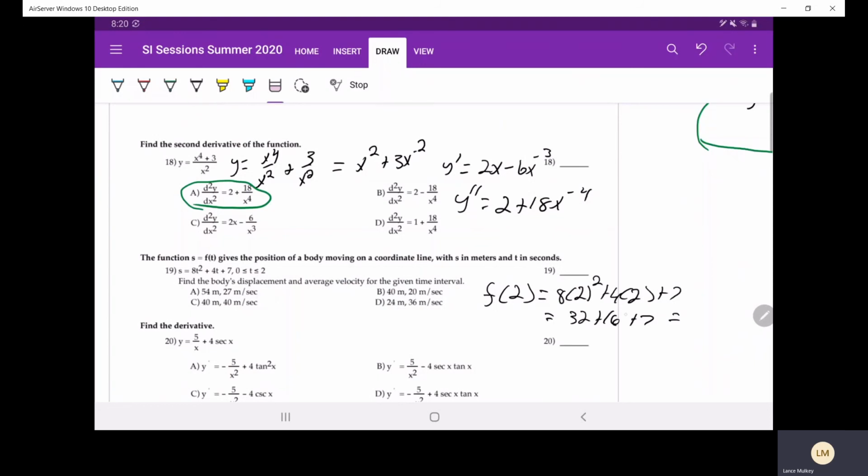Come on now. 4 times 2 is 8. That's 40. That's 47. That's not even in one of the answers. Let's redo this. I'll get out a calculator. But since we're working on body displacement, f of 2 equals 8 times 4 plus 4 times 2 plus 7 equals 32 plus 8.